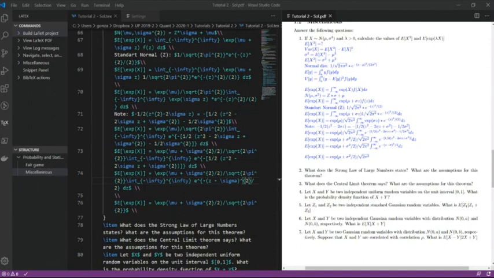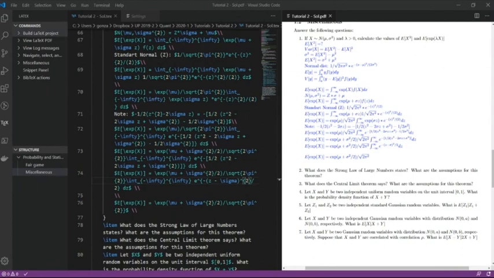So the probability of the limit of the sample mean when n goes to infinity equal to the population mean will always be 1. So that's the strong law.